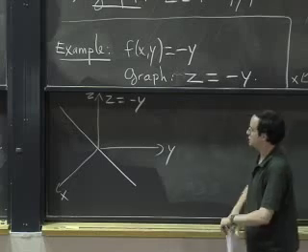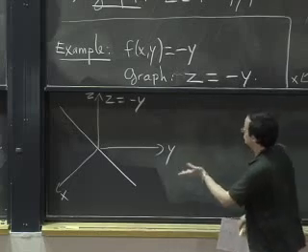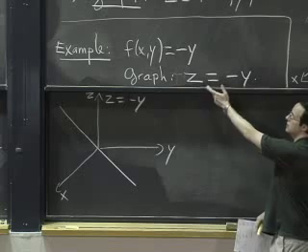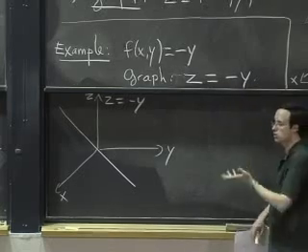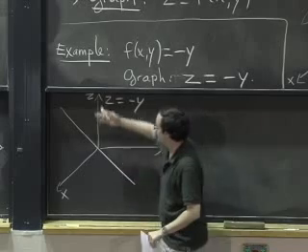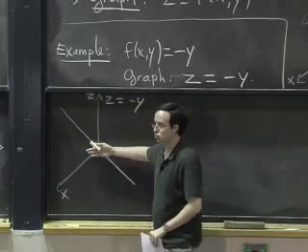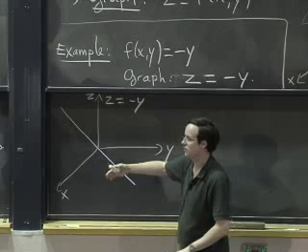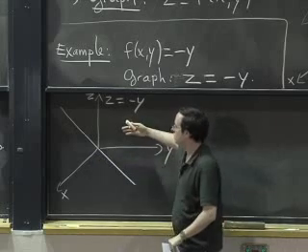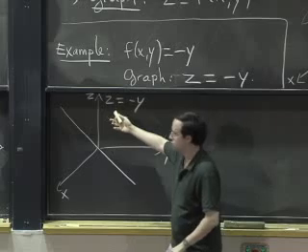And what happens if I change x? Well, if I change x, nothing happens because x doesn't appear in this equation. So in fact, if instead of setting x equal to 0, I set x equal to 1, I'm in front of the blackboard, or minus 1 at the back, it still looks exactly the same.